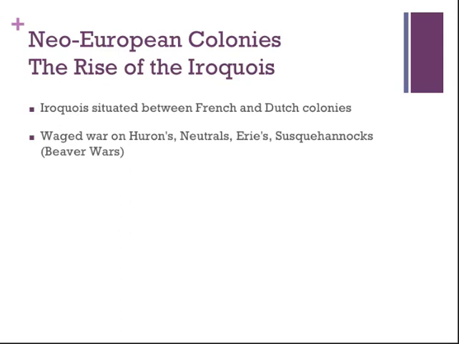You had the Iroquois Nation of Native Americans. They were situated in between the French and the Dutch colonies, and they started to wage war on the Hurons, the Neutrals, the Erie, Susquehannocks, the Beaver Wars. So we're starting to get a war between these colonists and the native groups that have been here already.